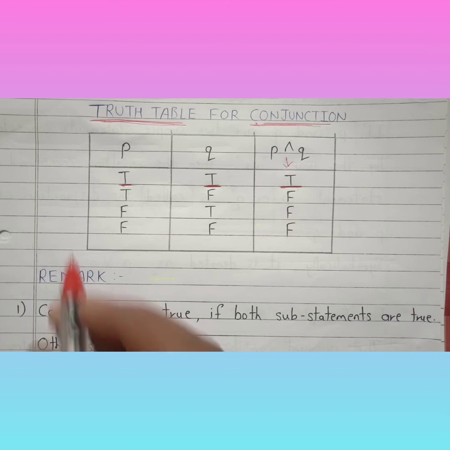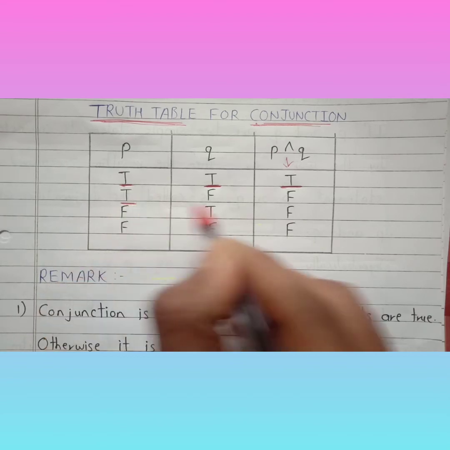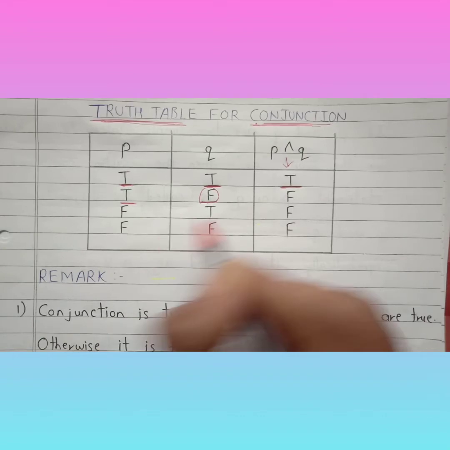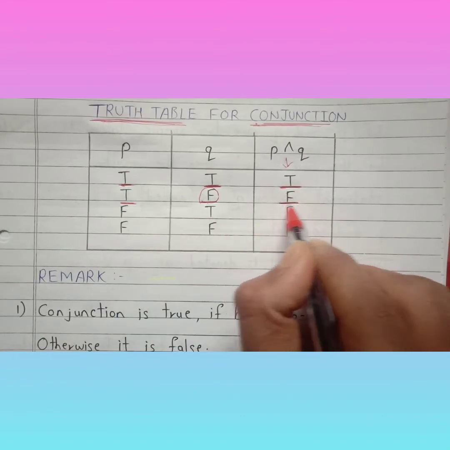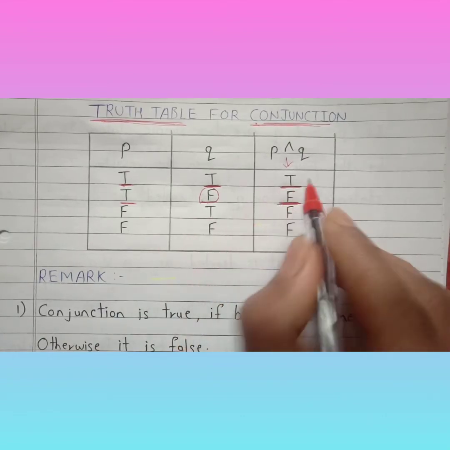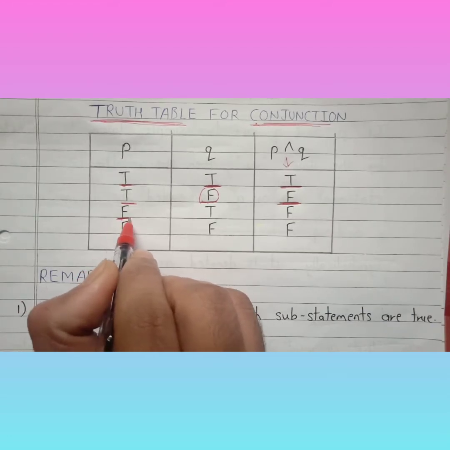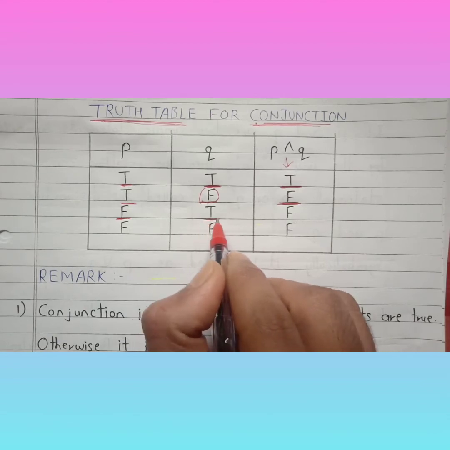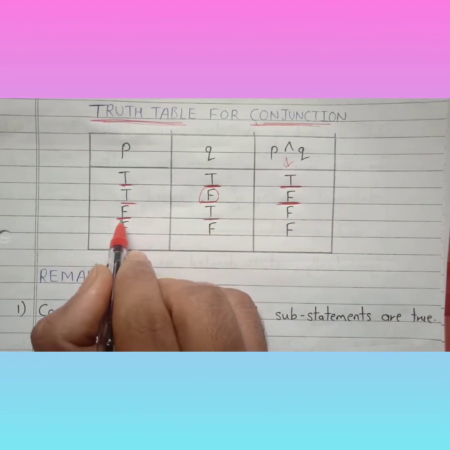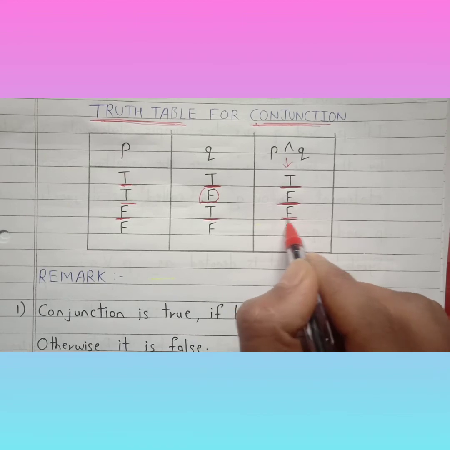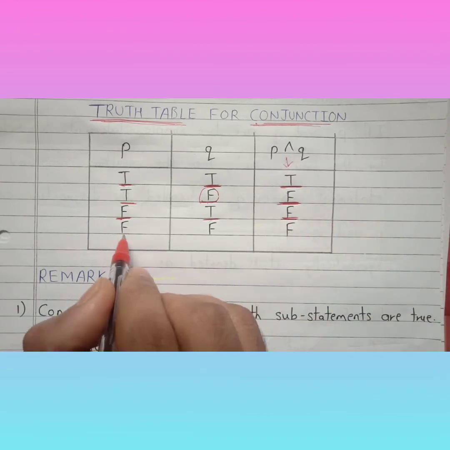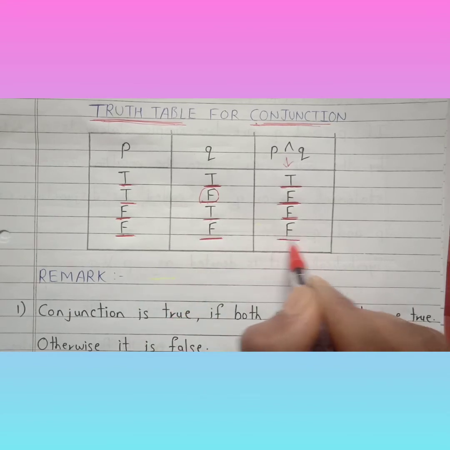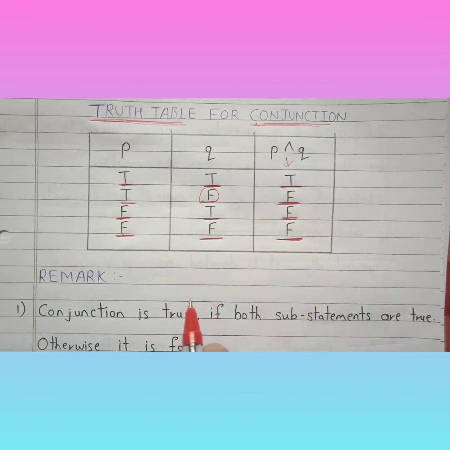Suppose P is true but Q is false. One statement became false, so the resulting P and Q will also become false. Similarly, suppose P is false but Q is true. Again one statement is false, so the result will be false. And of course, if P and Q both are false, then naturally the resulting P and Q will also become false.